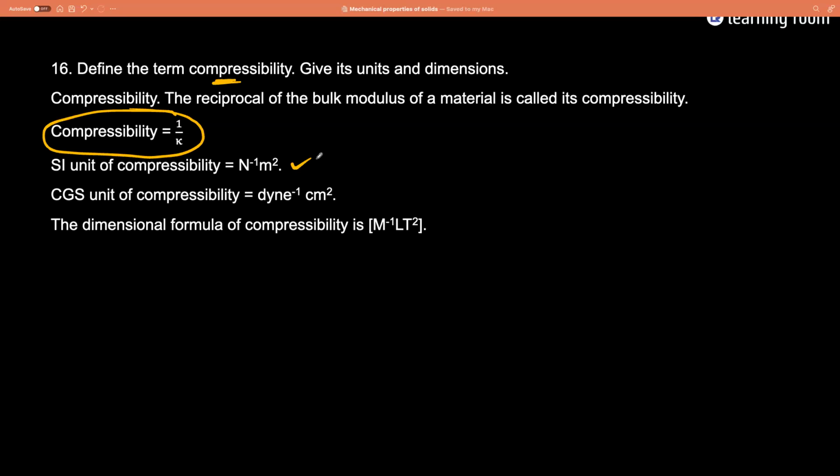What is going to be the SI unit of it? Newton inverse meter square. And what is going to be the CGS unit? It will be dyne inverse centimeter square. And what is going to be the dimensional formula? M minus 1 L T minus 2.